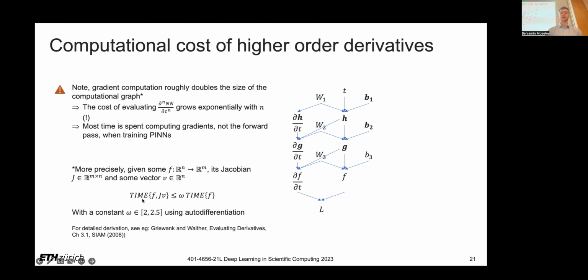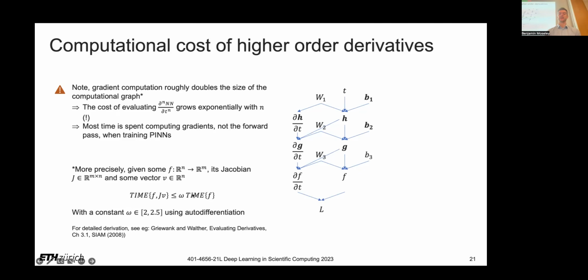You can show that if you have a vector function, its Jacobian, and some vector that you apply to that Jacobian, then with AutoGrad the time to compute the function and the Jacobian vector product is less than or equal to a constant times the time it takes to compute the function. That's basically linear time.